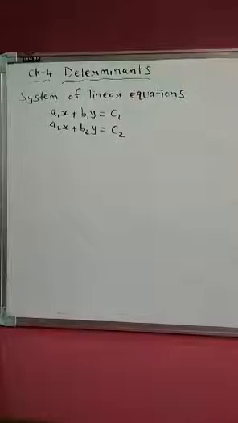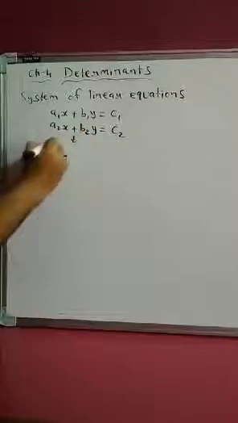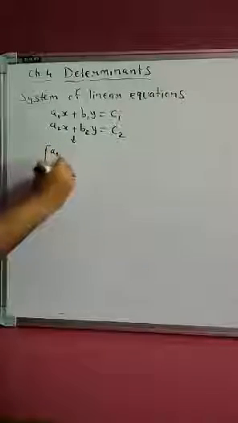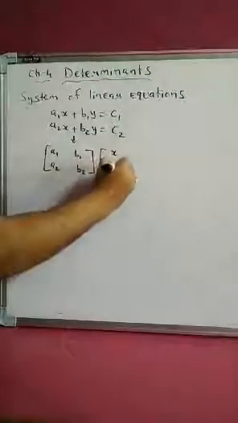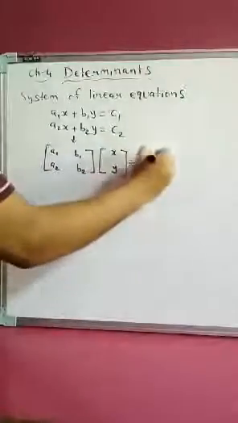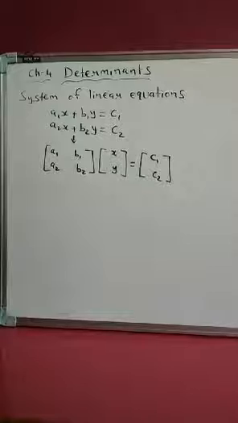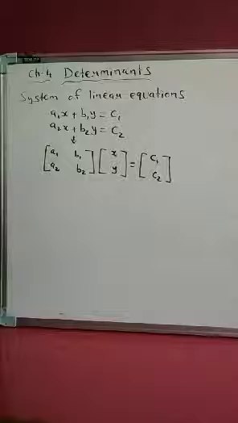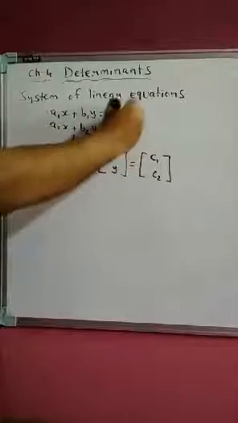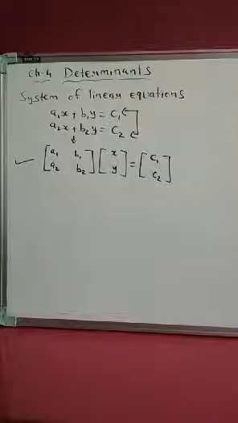These are linear equations. Then you know that we were writing it in the form of a matrix. We were writing these two equations in this form. We have seen this in the matrices chapter.